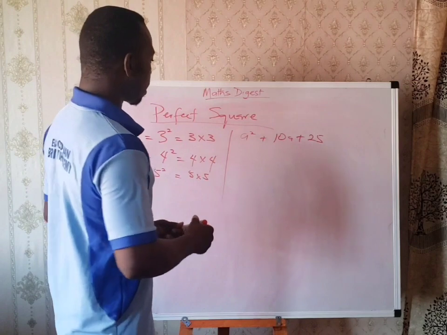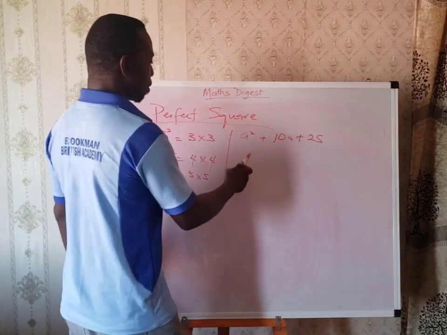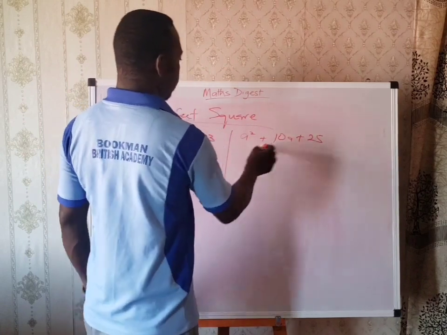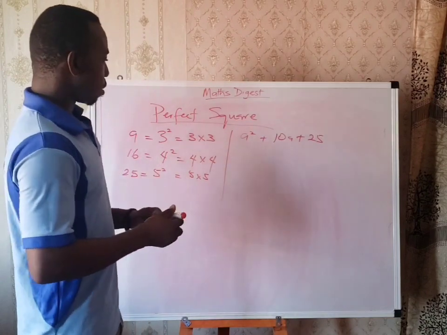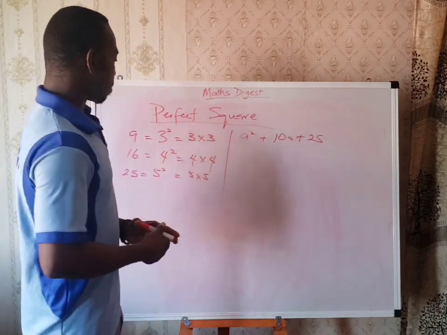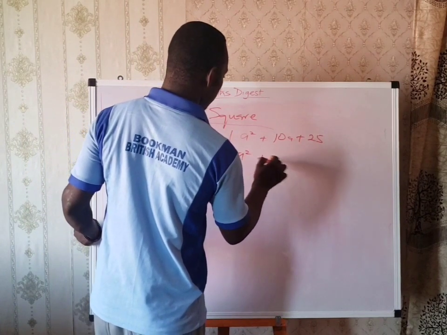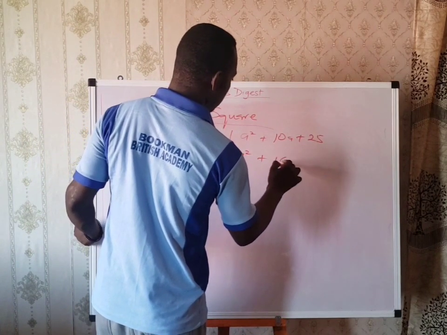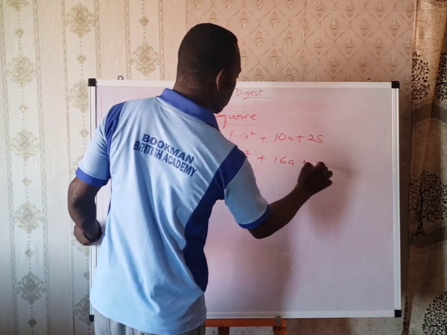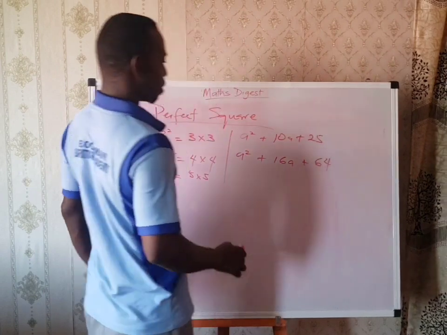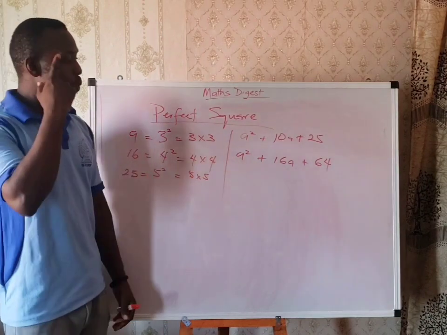If you are to factorize it, you start looking for the factors by multiplying this, and you get the middle term when you sum those factors. Now you can equally have something like a squared plus 16a plus 64, and so on and so forth. So these are examples of perfect square.